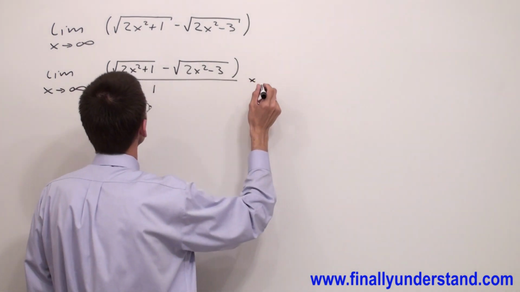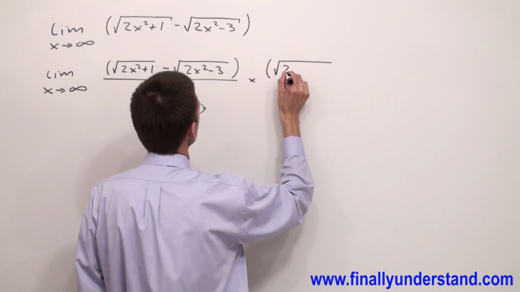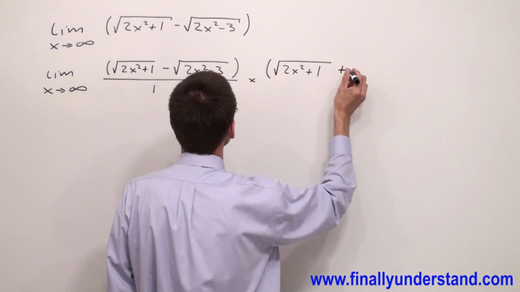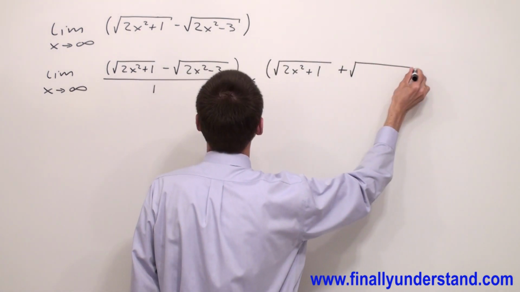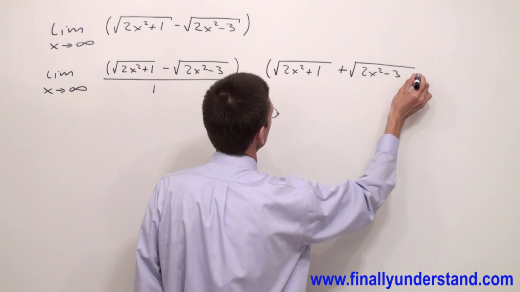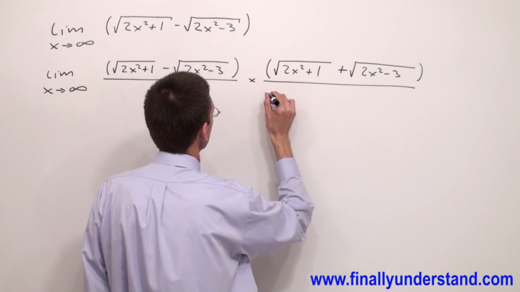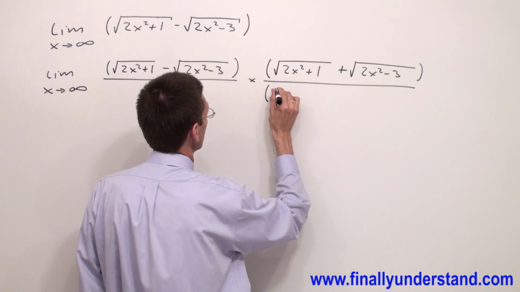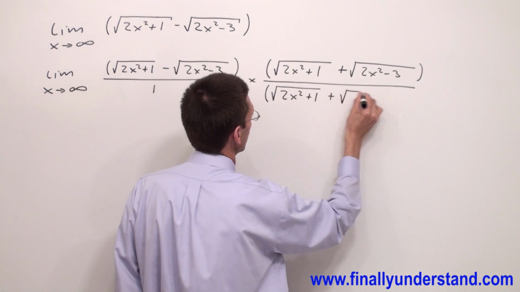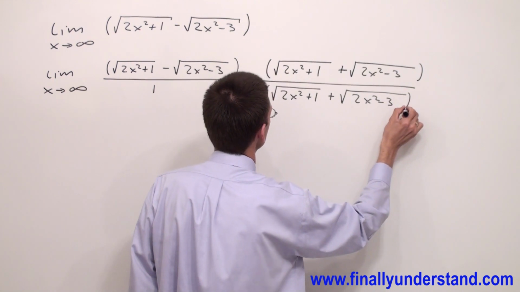So I have times square root of 2x squared plus 1 plus, because this has to be the conjugate, square root of 2x squared minus 3, over square root of 2x squared plus 1 plus square root of 2x squared minus 3.